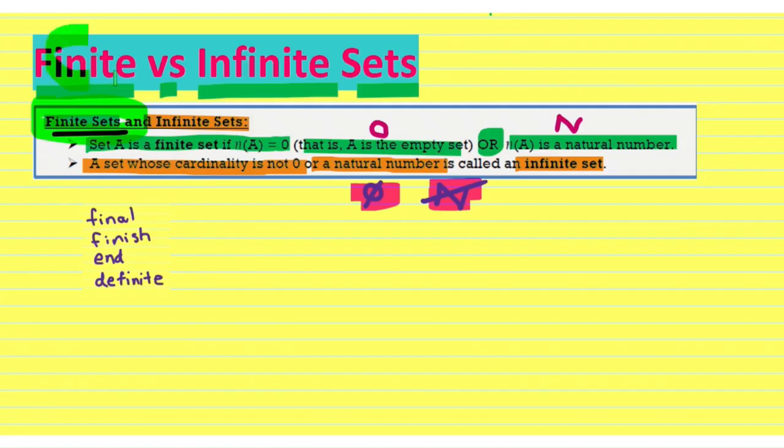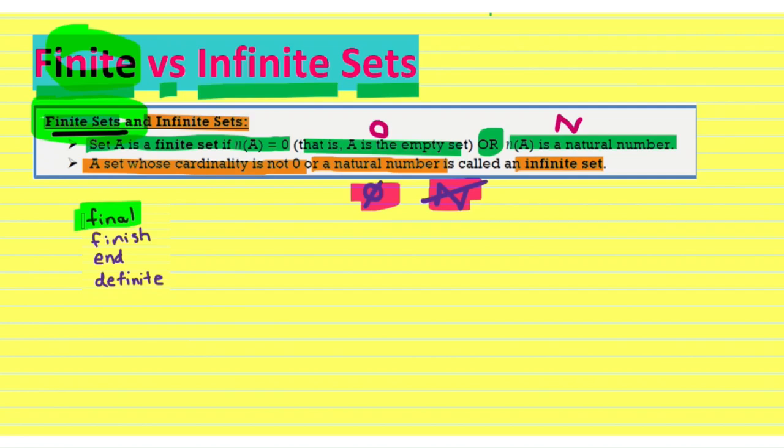The word finite, and other words that are associated with the word finite, are final. If we have a finite number of things, that means we have a final number of things. We could say, how many rounds do we play in order to get to the championship? Well, we might get to round 3 or round 4, but then that would be the final round, whatever we get to.